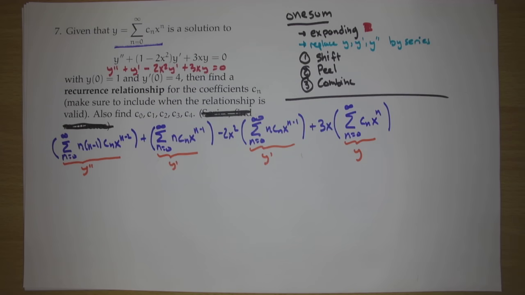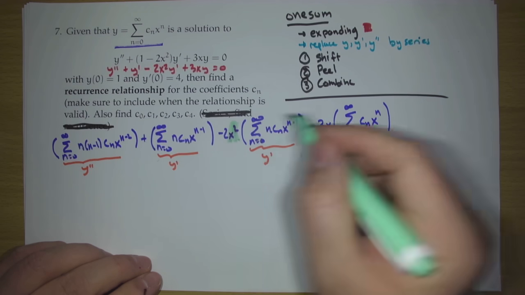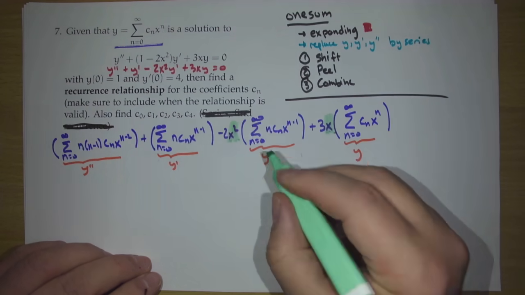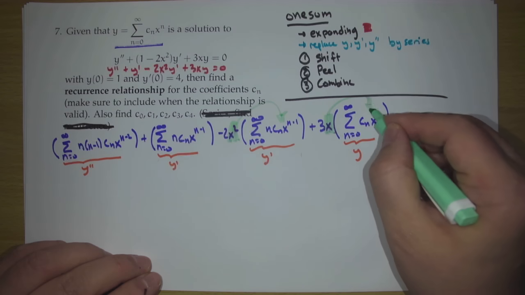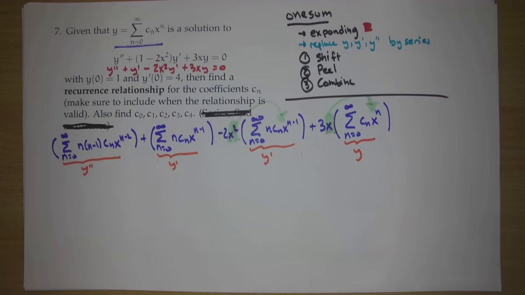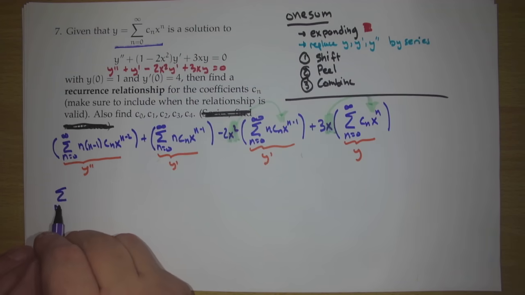All right. Now, before we go to doing our shifting, there is something that has to happen first, which is these powers of x in the front. They need to go in. All right. I will rewrite it all again.